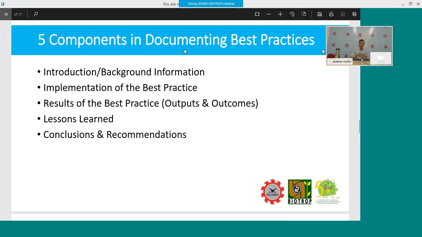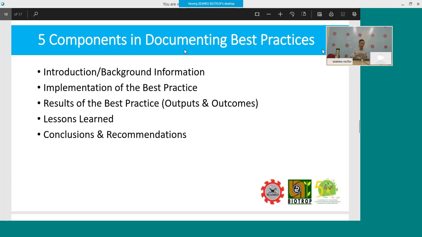So at this point, now that we know the criteria of identifying our best practices, the importance of documenting it, and where we can find best practice in our urban agriculture activities, how do we now write our best practice?